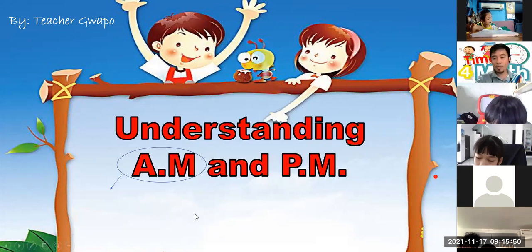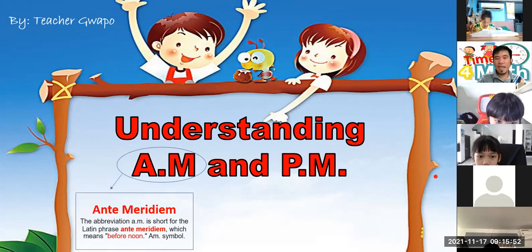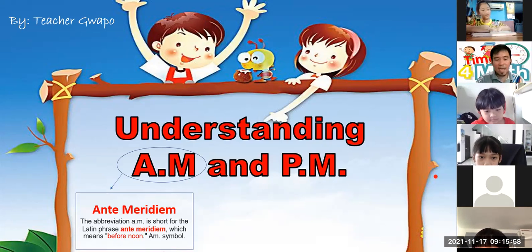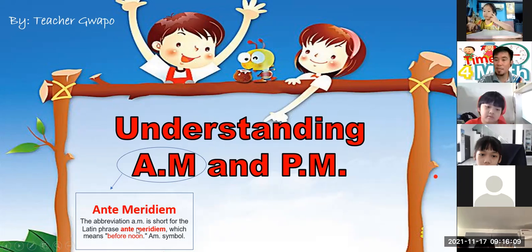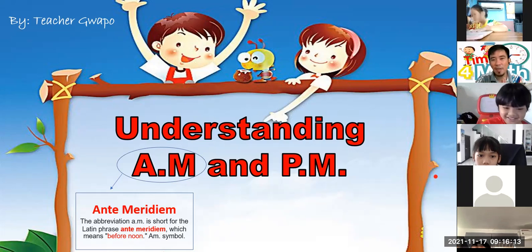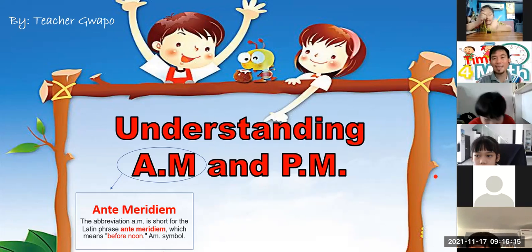Okay, when we say AM, A means anti and M means meridian. Anti-meridian. This is the abbreviation. AM is short for the Latin phrase, not American phrase, not Thai phrase, not Filipino phrase, but Latin phrase.